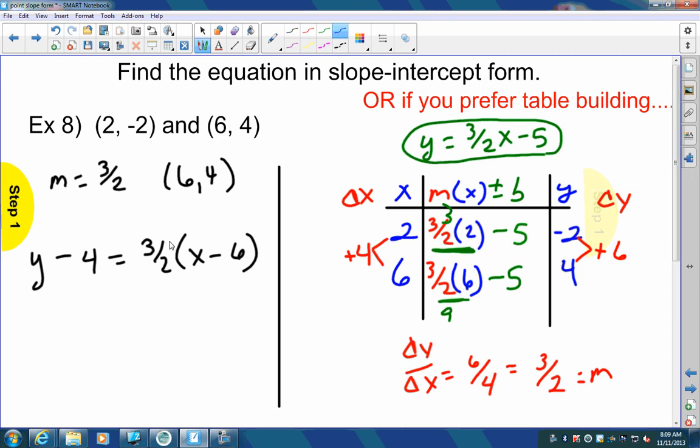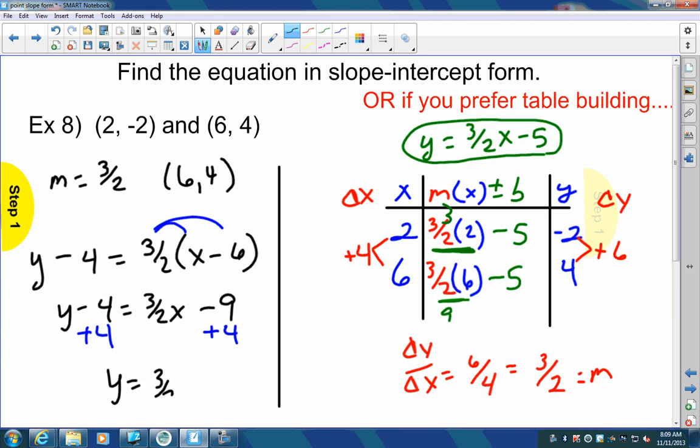I can multiply these right here, just like we were doing. y minus 4 equals 3/2 x. 3/2 times -6, -9. Well, now, add 4 to each side. y equals 3/2 x minus 5. Isn't that what we just found using the table? We can use it doing it either way. Okay?